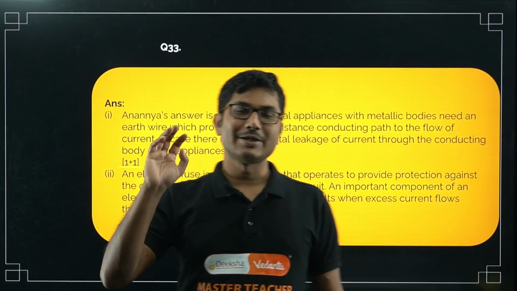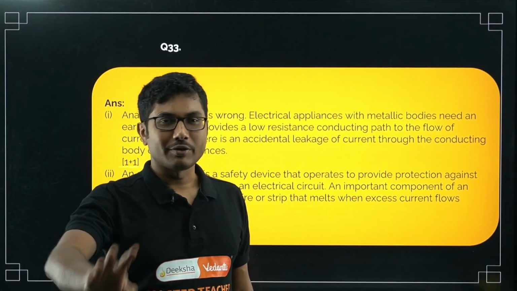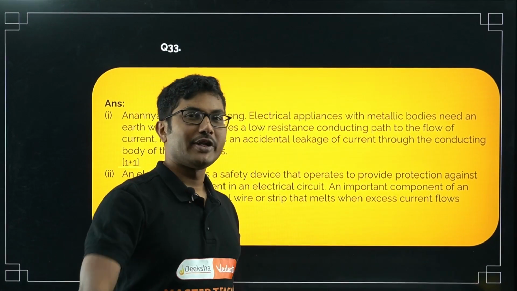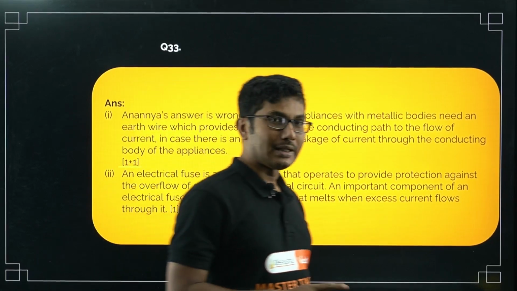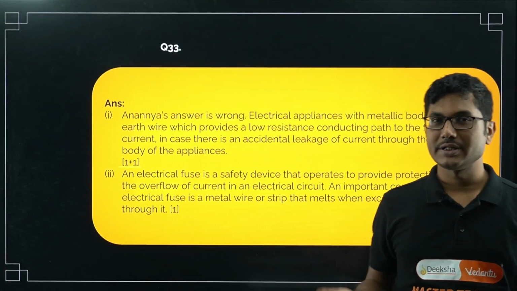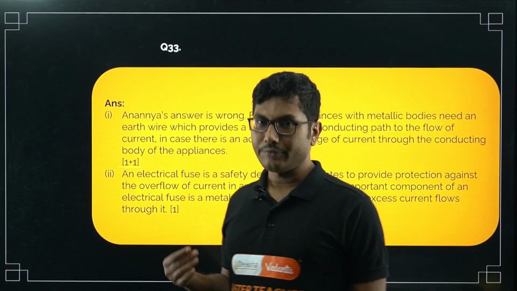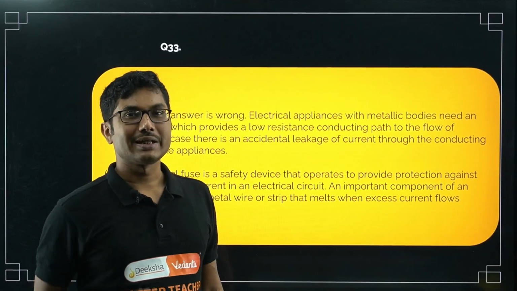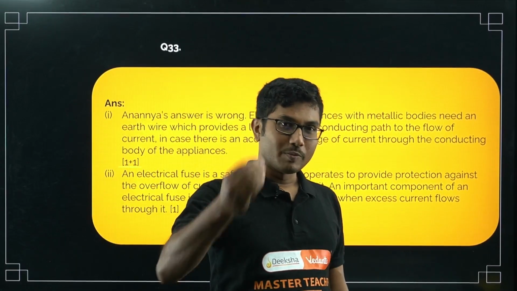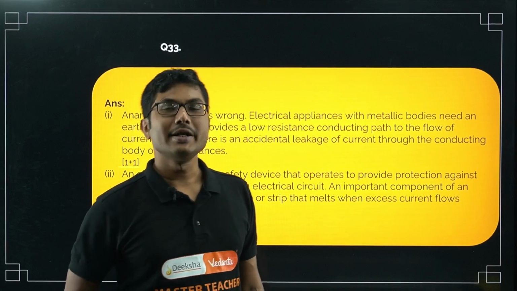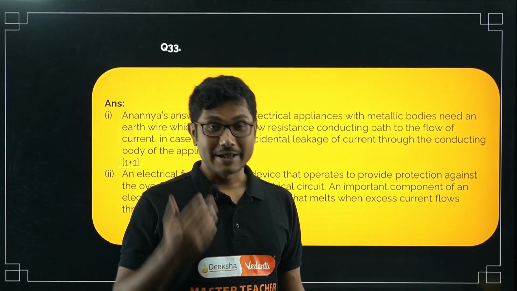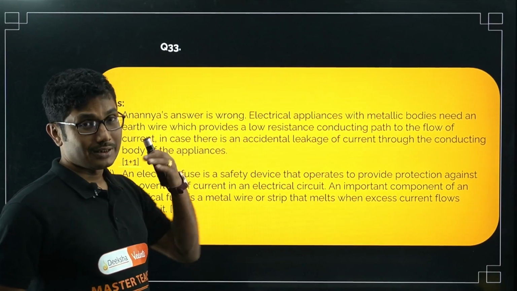But there is a chance that you might open your OTG, your microwave, or your refrigerator, and they have a metallic body for heat dissipation, obviously. And if a short circuit happens, then you might get shocked. So to prevent that, as a safety measure, this third pin is installed.